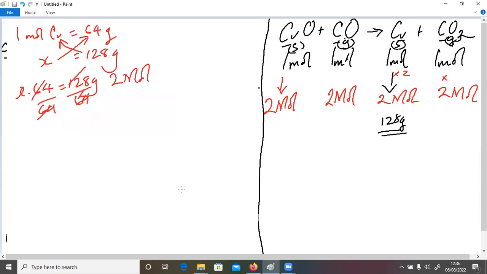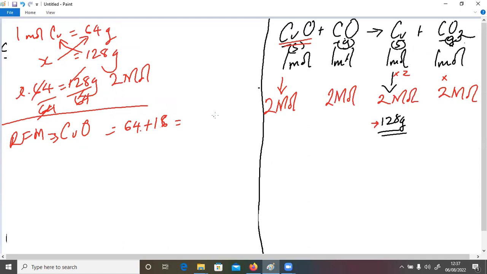If I wanted to know how much copper oxide I had in the beginning, if I produce 128 grams of copper, I first find the relative formula mass for copper oxide. Copper oxide is 1 copper, 64, plus 1 oxygen, 16, which gives me 80 grams per mole.